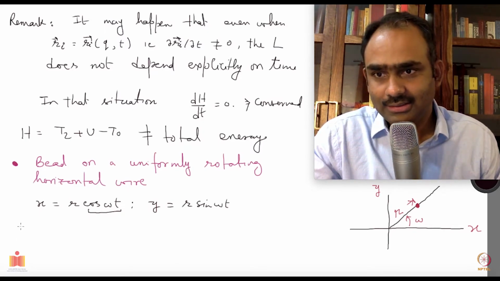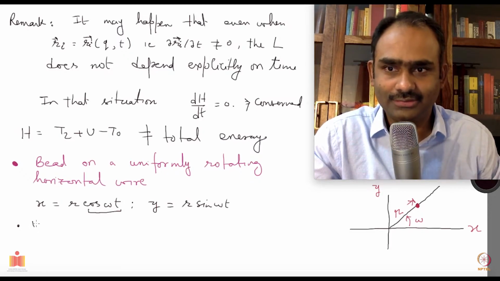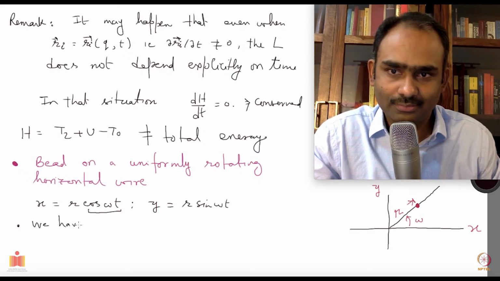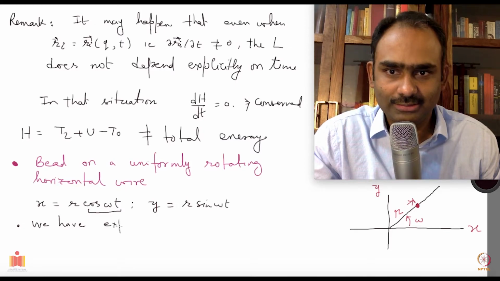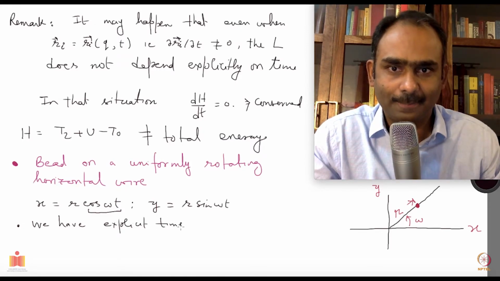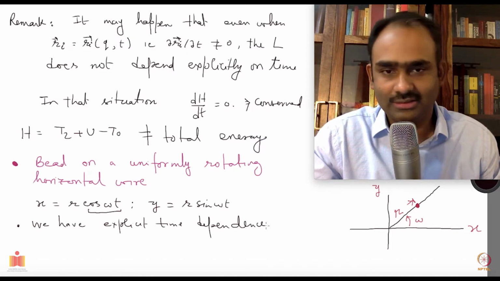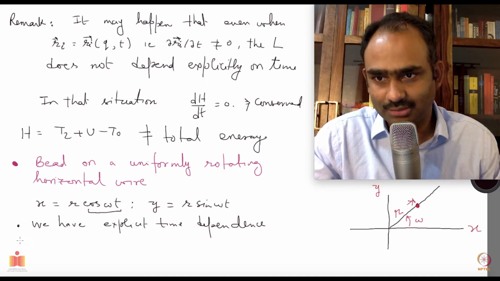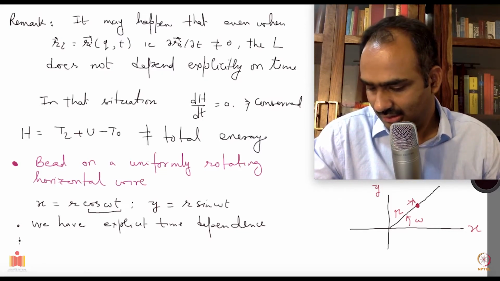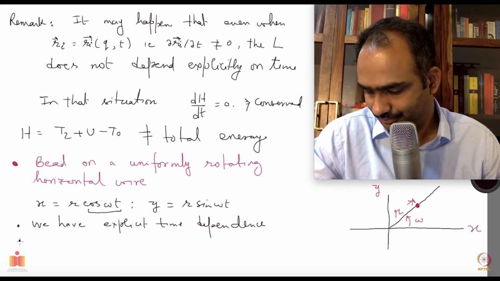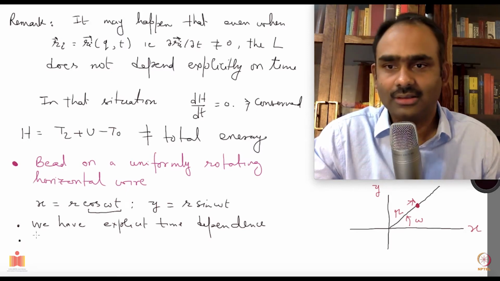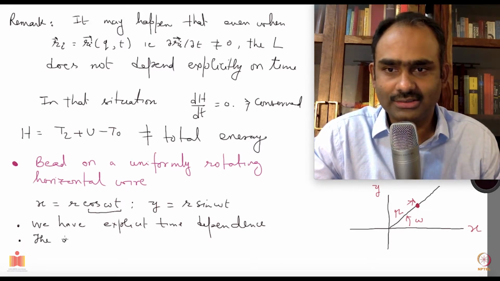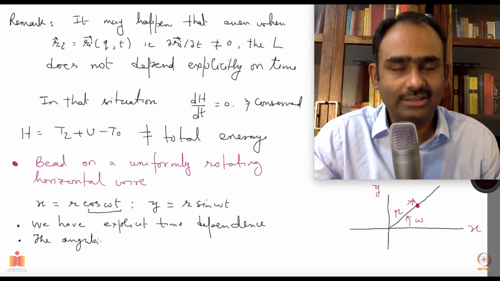Let me write here. So we have explicit time dependence in the transformation from r to q's, and then also, as I said, the angular position is completely determined by the wire.